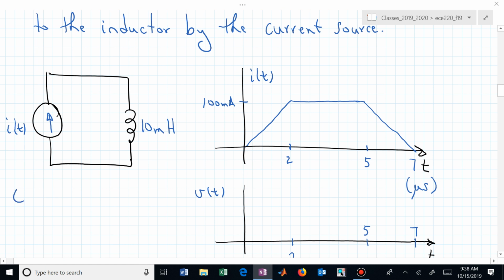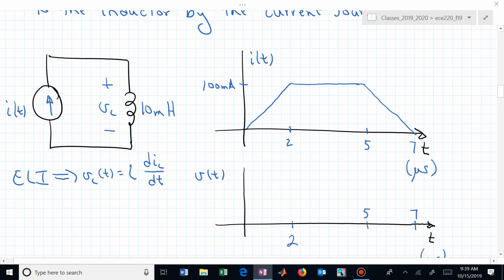And what are we doing? Eli tells us the relationship between voltage on that inductor is L di sub L dt. The time rate of change of current is what's needed to establish a voltage across this inductor.